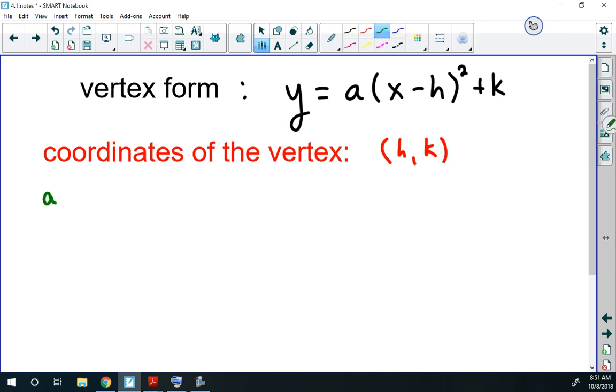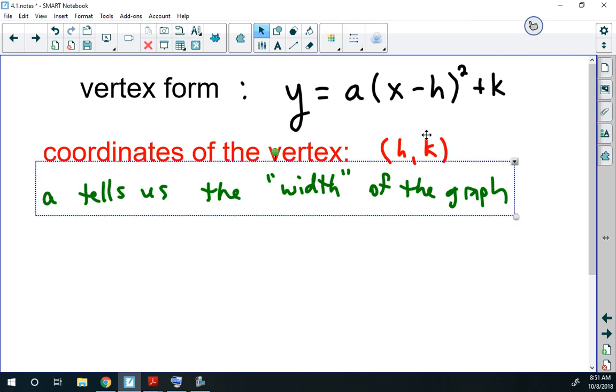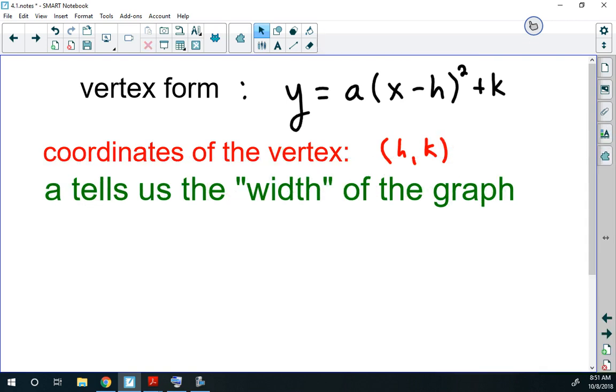The a tells us, I'm going to put in quotations, the width of the graph. There's more to it than just the width.